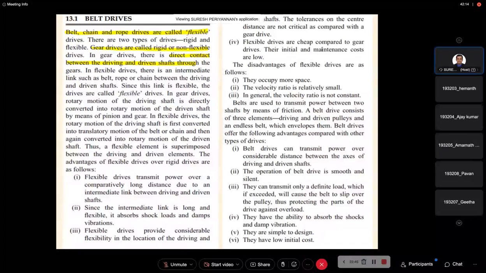We need these three mechanical items. Okay, just to highlight here: in flexible drives, this is the link.